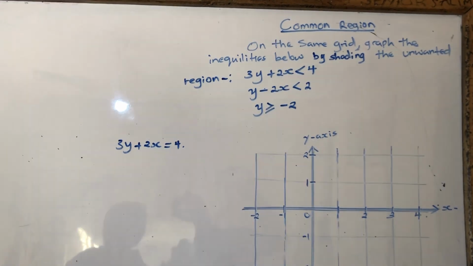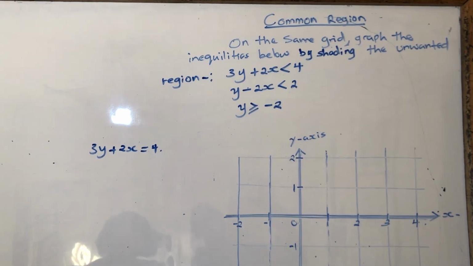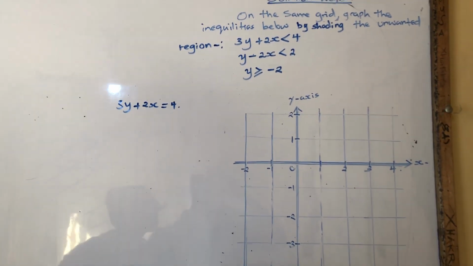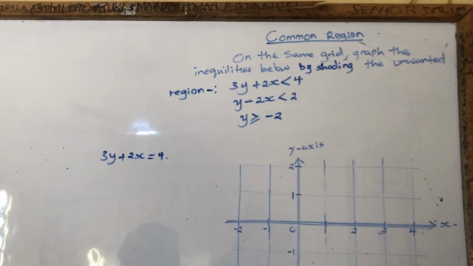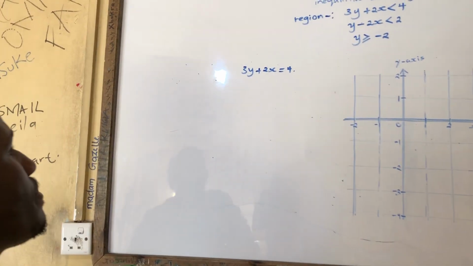Like we already mentioned, the unwanted region is the region which does not satisfy our inequalities.